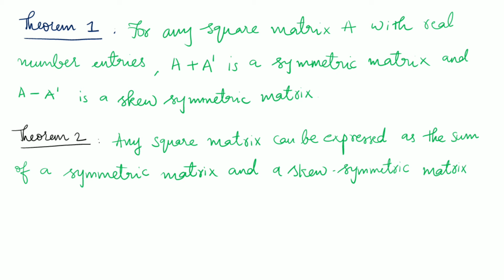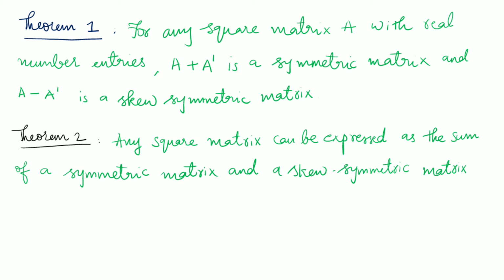So in the first theorem it is given that for any square matrix A with real number entries, A plus A dash is a symmetric matrix. So when you add A and A transpose, that matrix will be symmetric, and when you subtract A and A transpose, that matrix will be skew symmetric matrix.